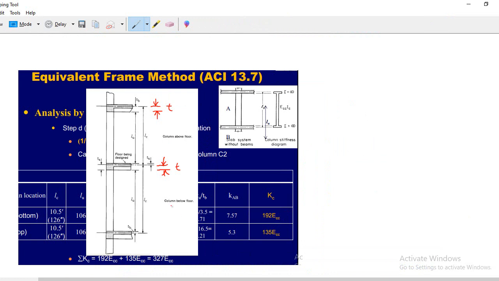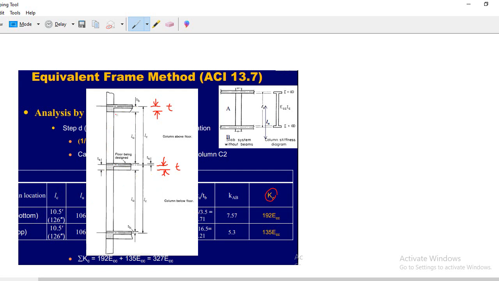So the most tricky part to calculate the Kc value is the value of Tb and Ta, as we have a column below the floor and a column above the floor. As we are calculating the Kc value for this floor, that is our interior story, our interior floor, in this case this column is our bottom column and this is our top column.